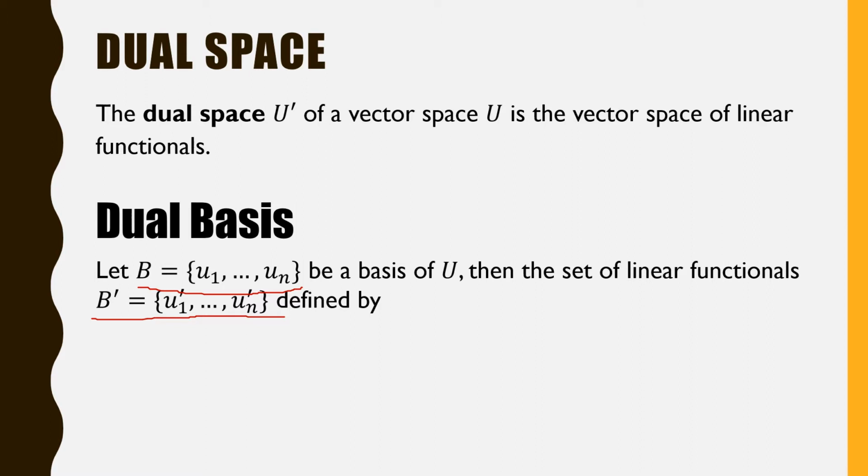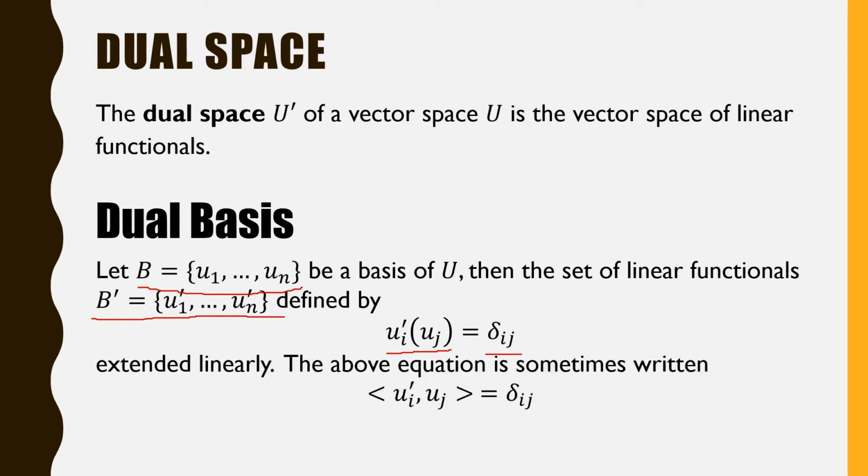So we'll use the basis B to define the functions U1 prime to UN prime. And how it'll work is Ui prime will act on Uj to produce what's called the Kronecker delta. I'll describe what this is in just a second. Another notation for this same thing, plugging Uj into Ui prime, is sometimes written this way.